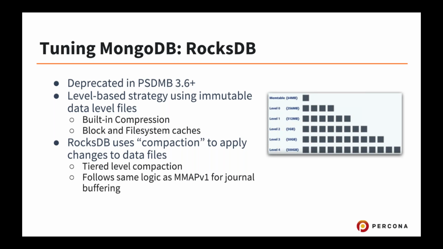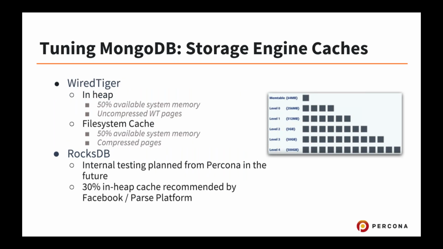But RocksDB uses a level compaction strategy for its data files, and that's a very efficient way of storing. It's very similar to Cassandra's way of using sorted string tables on disk, and it uses different levels to compact the data down. There's some great talks on that if you want to hear more about exactly how that works.